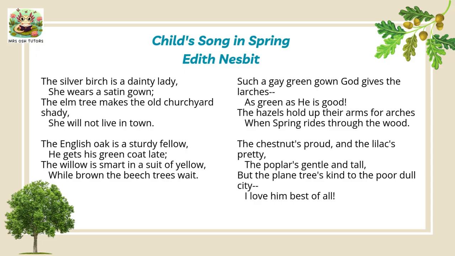Such a gay green gown God gives the larches, as green as he is good. The hazels hold up their arms for arches, when spring rides through the wood. The chestnut's proud, and the lilac's pretty, the poplar's gentle and tall, but the plane tree's kind to the poor dull city. I love him best of all.